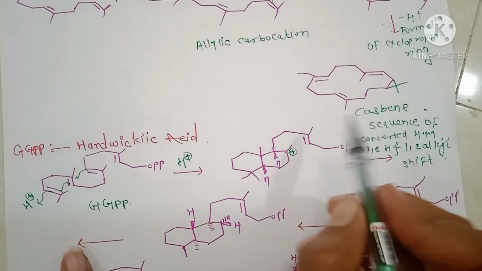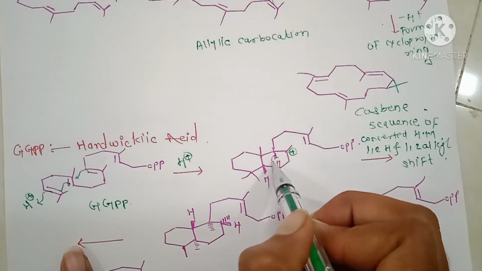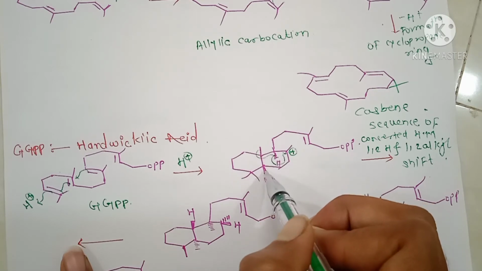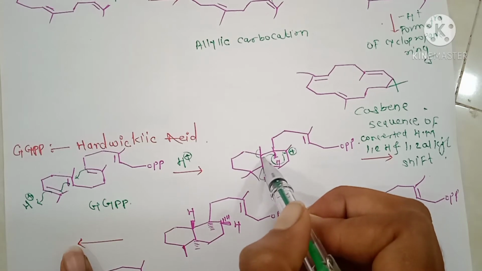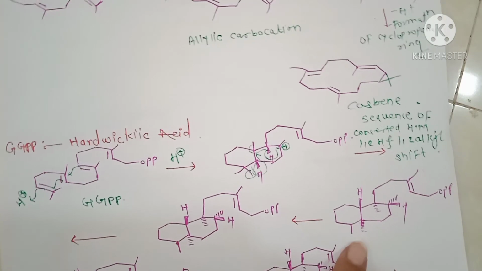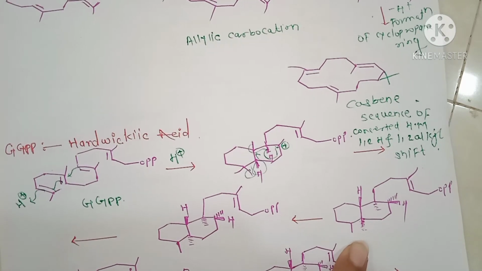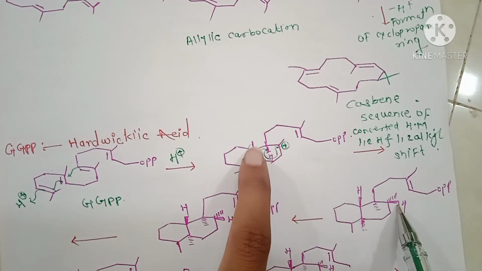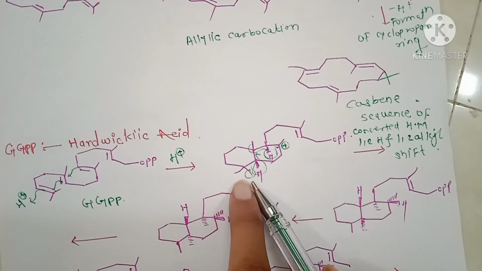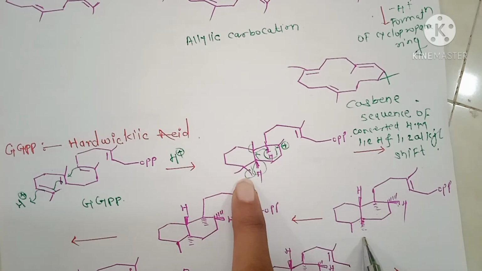Here this hydrogen shifted here, this methyl group shifted here, then this hydrogen and this methyl group. Okay. And the formation of this structure. This hydrogen shifted here, this methyl group shifted here, this hydrogen shifted here, and this methyl group shifted here. Okay.